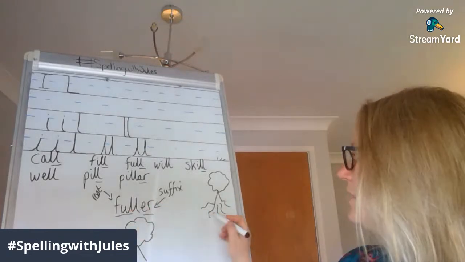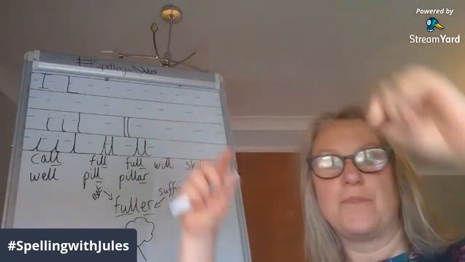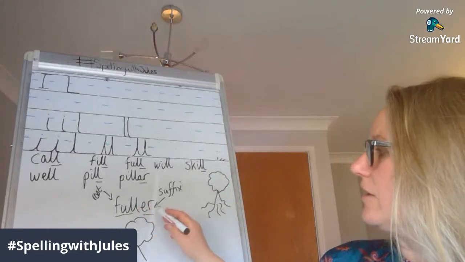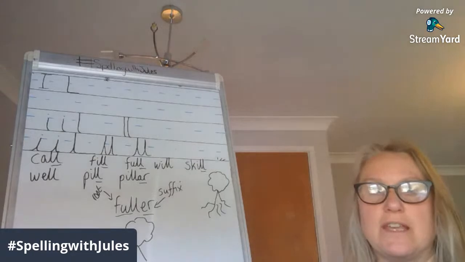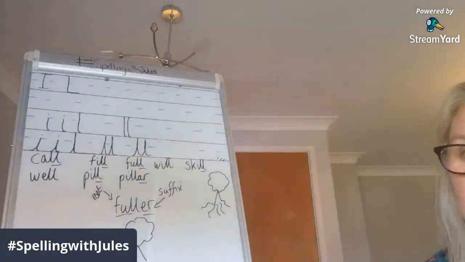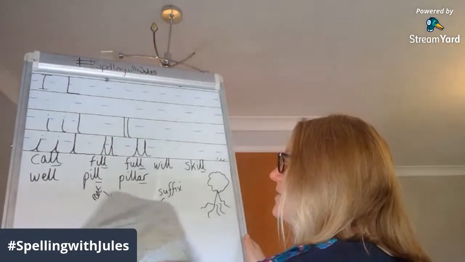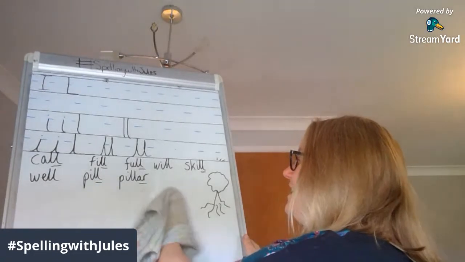So the root word, so that means where the word grows from. So it starts as a root and then everything else grows from that. So you can have fuller, fullest. Okay, should we think of another one instead of fuller that has a root and a suffix? Okay, bully is another word with two L's, definitely. And you can be bullied, can't you?